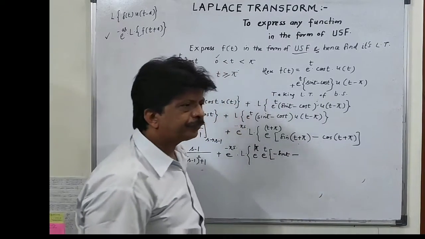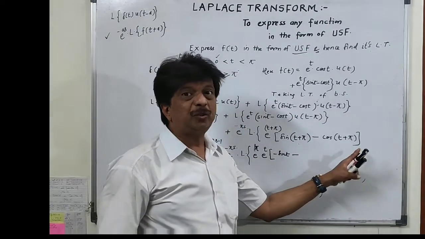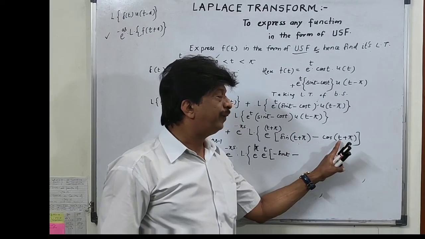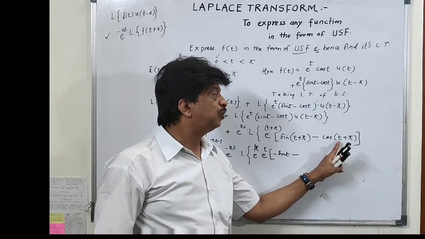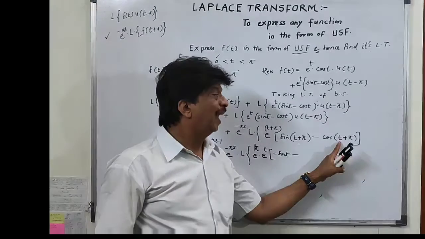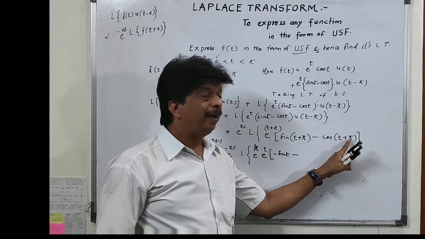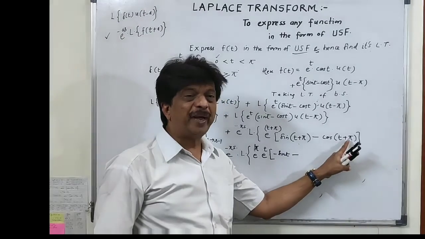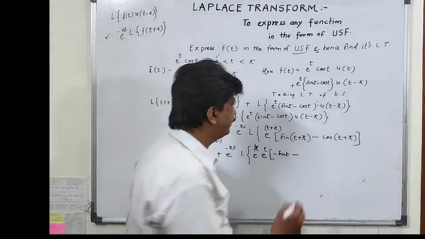Minus, what is cos of t plus pi? It is cos t cos pi minus sin t sin pi. So cos of t plus pi is minus cos of t.